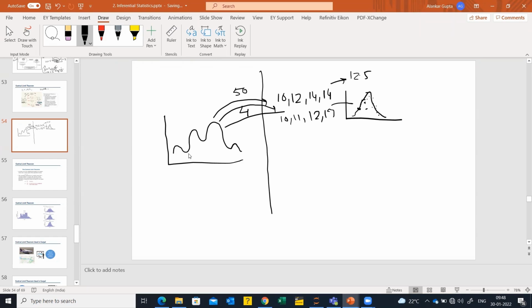This is the first aspect of the central limit theorem: if you calculate the means of these samples and draw them over a graph, what you see is that the means of these samples are normally distributed.